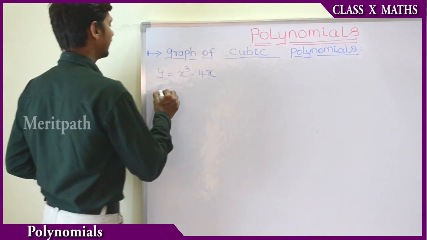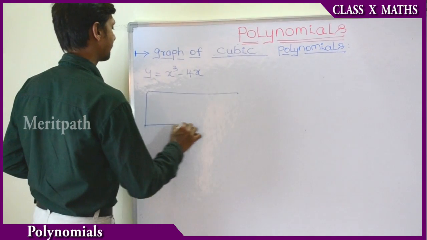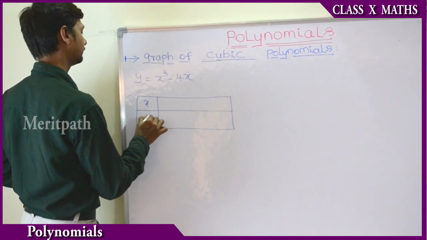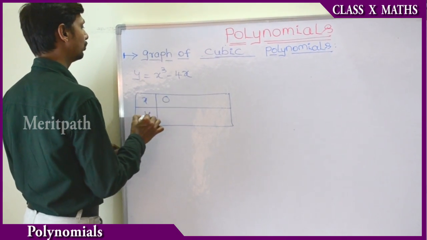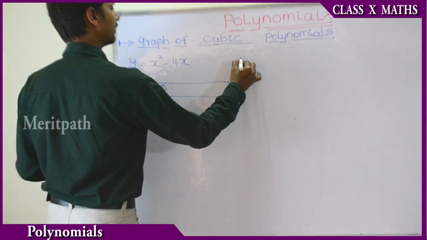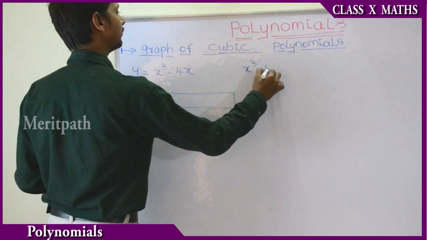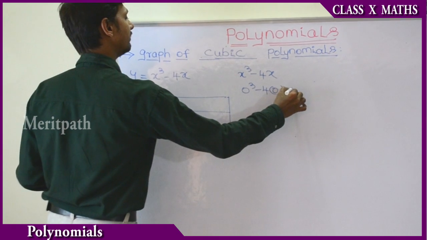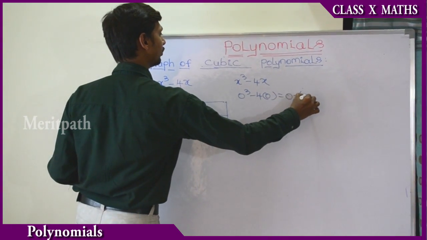Then we consider the points x, y. If we substitute 0 in x cubed minus 4x, 0 cubed minus 4 into 0, then we get 0 minus 0, that is 0.